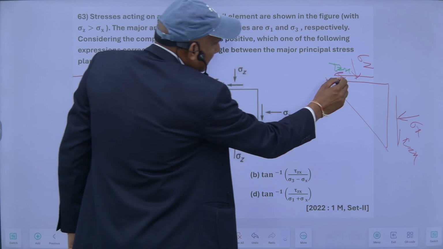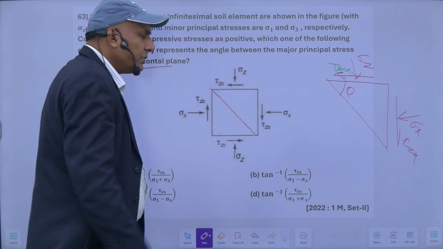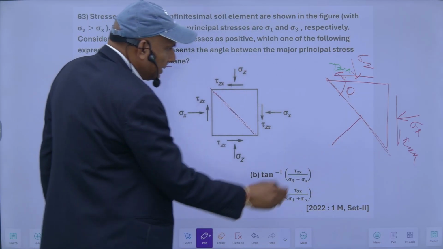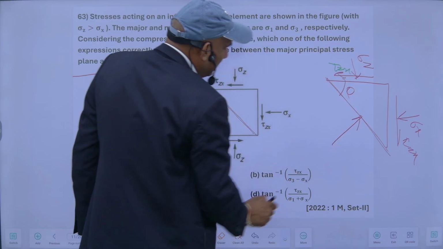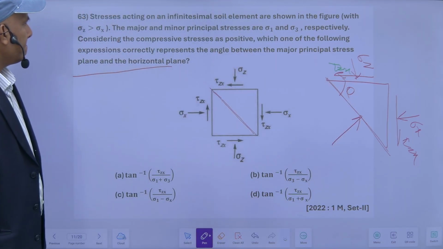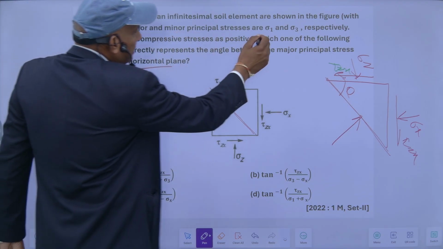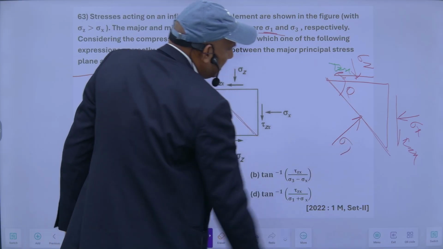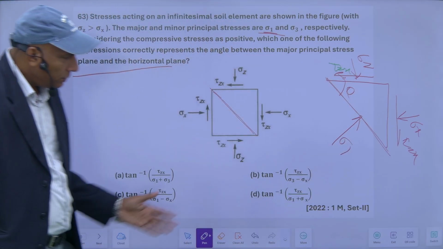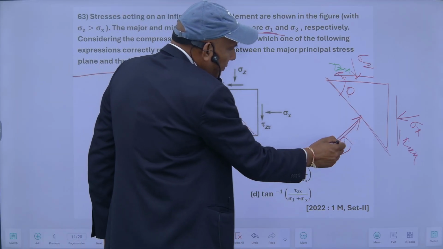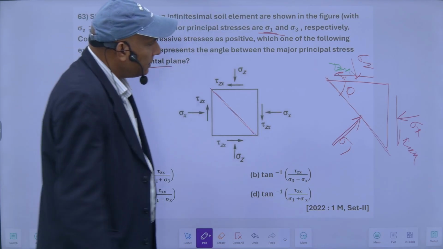This angle is theta, and suppose this is the principal plane, and this stress is the major principal stress, so this is sigma 1. On the major principal plane, my shear stress is obviously 0. Now if I resolve it, suppose this is A, B, C.